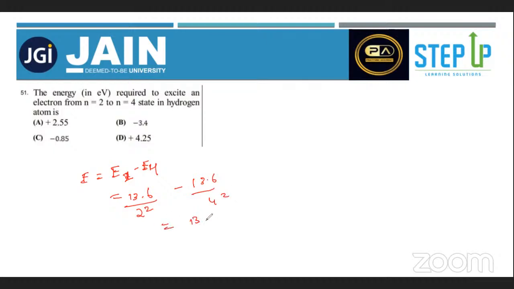So basically 13.6 outside, 1 over 4 minus 1 over 16. That is 4 minus 1 upon 16, so 13.6 into 3 by 16, which is plus 2.5. Okay, fine, good.